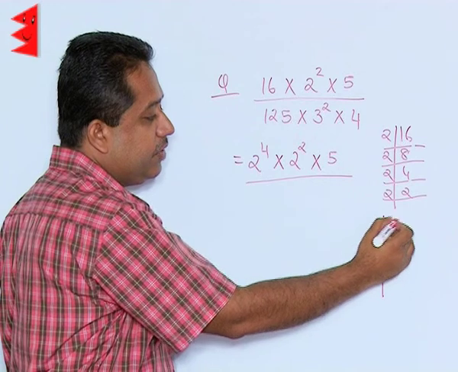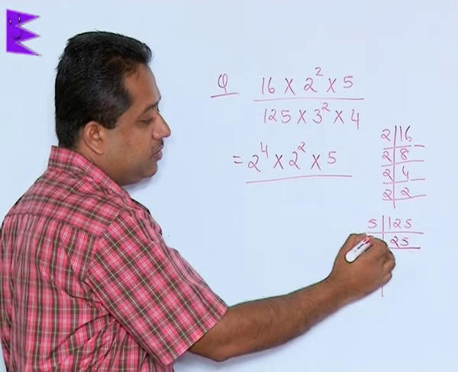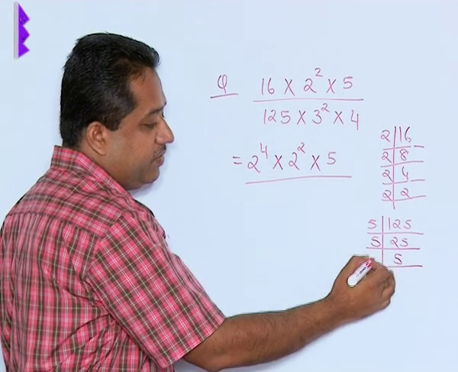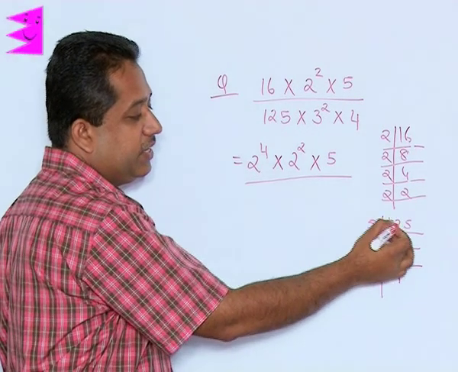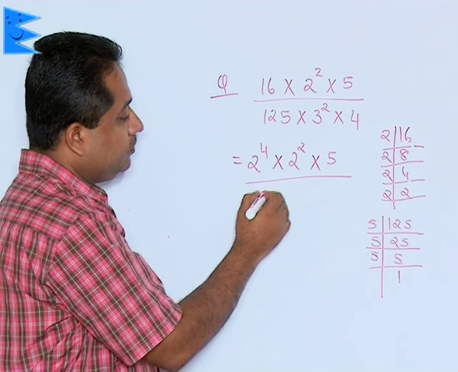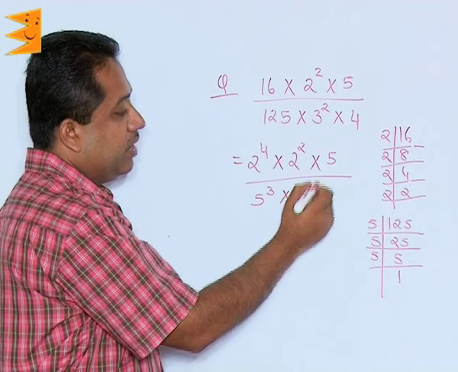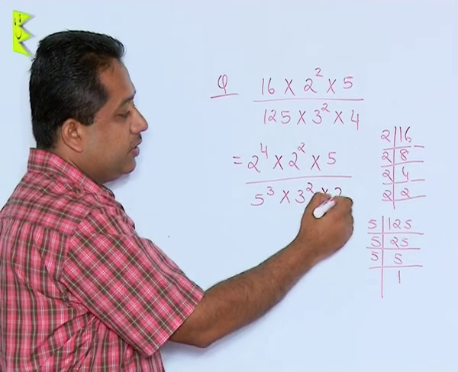Find out the factors of 125. 5 goes 25 times, 5 5s are, so you find that 125 can be written as 5 to the power 3 into 3 square, and 4 is 2 into 2, that's 2 square.